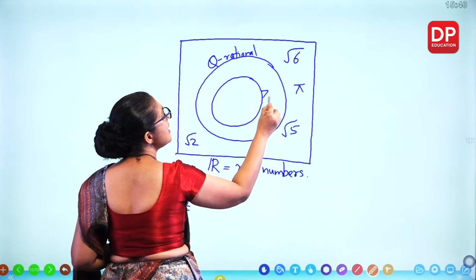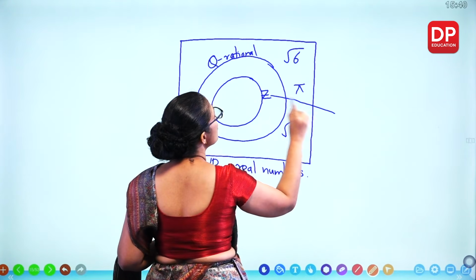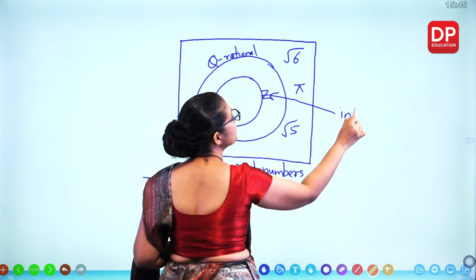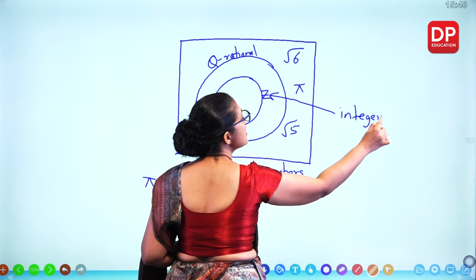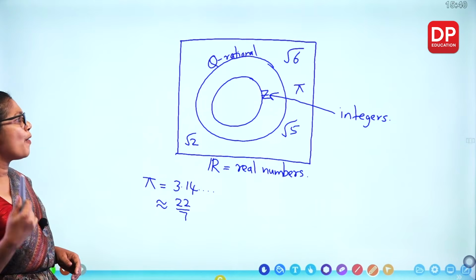Then we can think about another set called integers. The letter Z represents integers. So what are integers? Integers are whole numbers. They can be negative or positive.